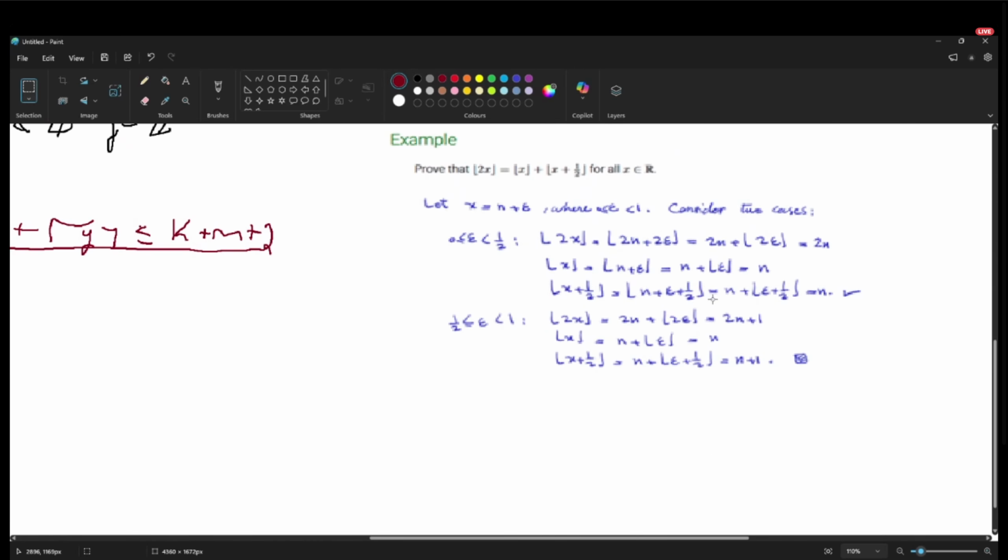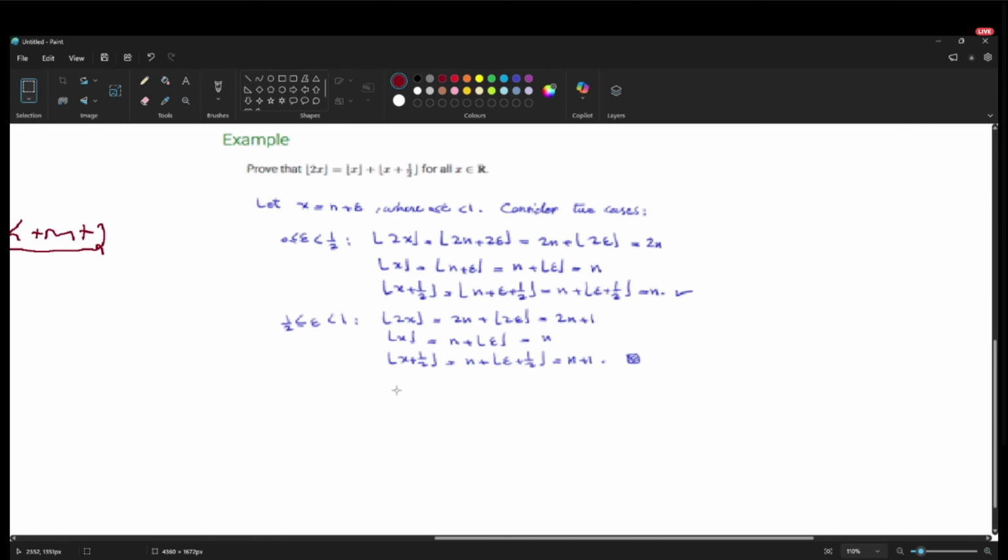Okay, so basically check both sides. Epsilon is, okay, x equals n plus epsilon. Consider the cases, epsilon's between 0 and 1/2. And then floor of that should be 0, so 2n.